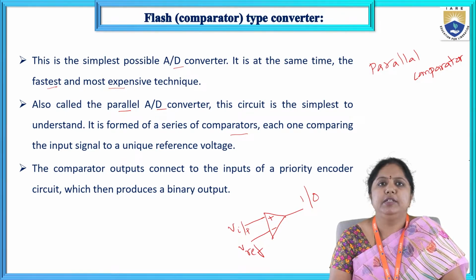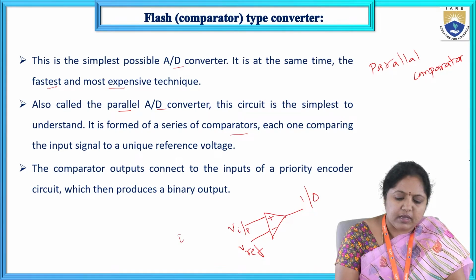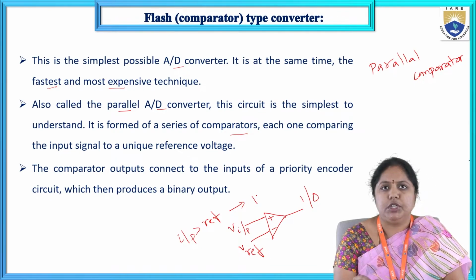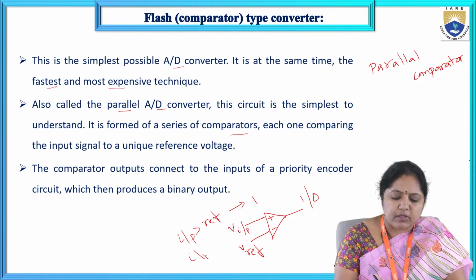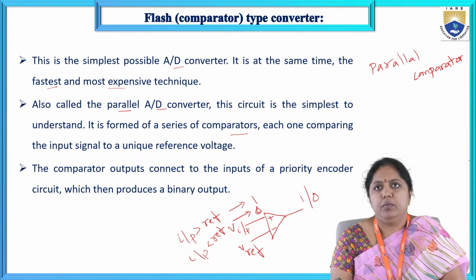After doing the comparison, if the input signal value is greater than the reference voltage signal value at that time, it will generate the output as logic 1. If the input signal is less than the reference voltage signal, it will generate the output as logic 0, right?